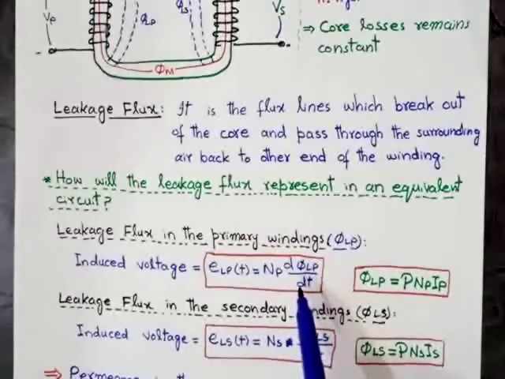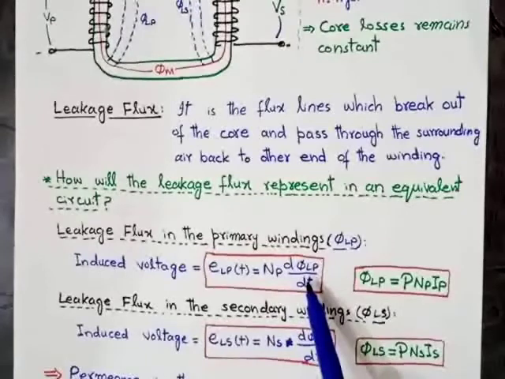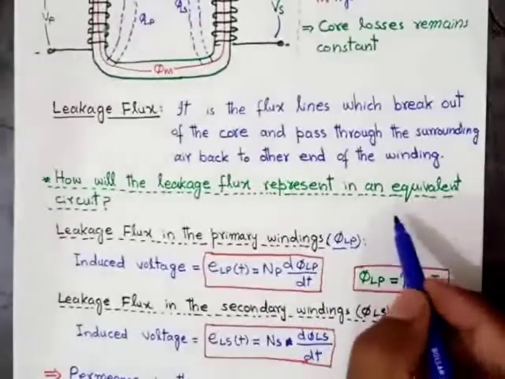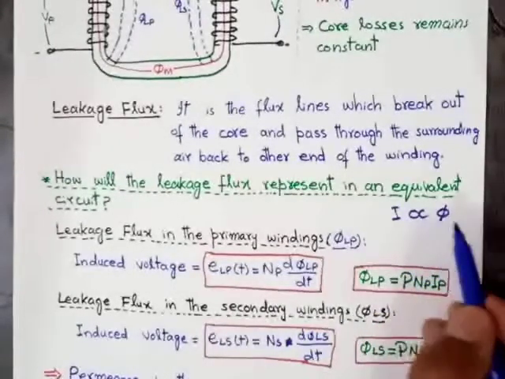According to Ampere's law, the relationship between flux and current is directly proportional. When the value of the current is more, the value of the leakage flux will be more. That is, I is directly proportional to flux.